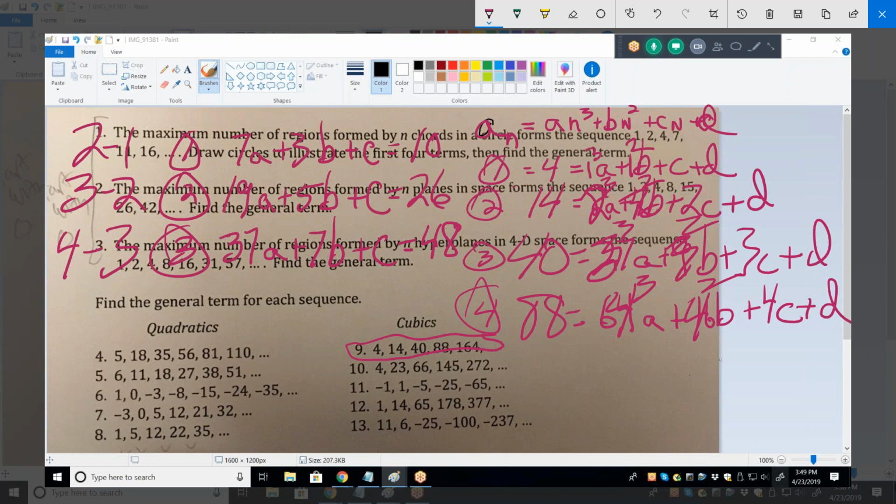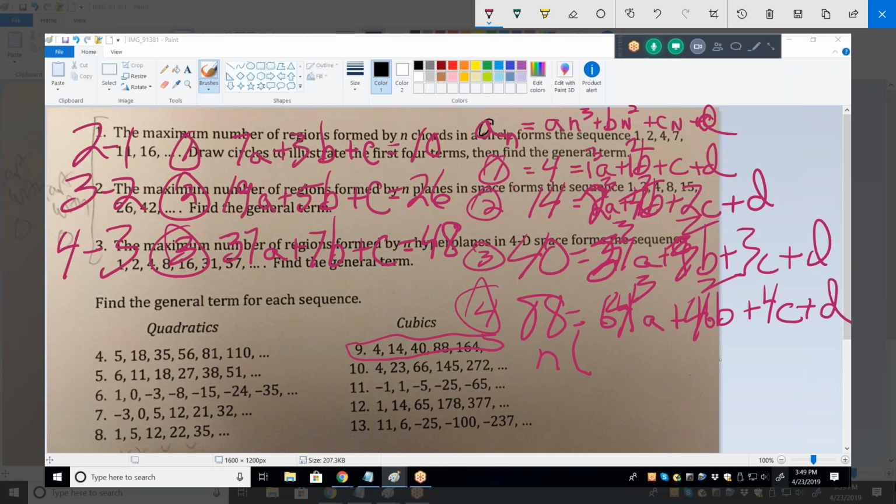Does that give us a shortcut for coming up with the answer, the nth term? I think the idea is that for a cubic, the thing where you get one term, it's always going to be 6a.